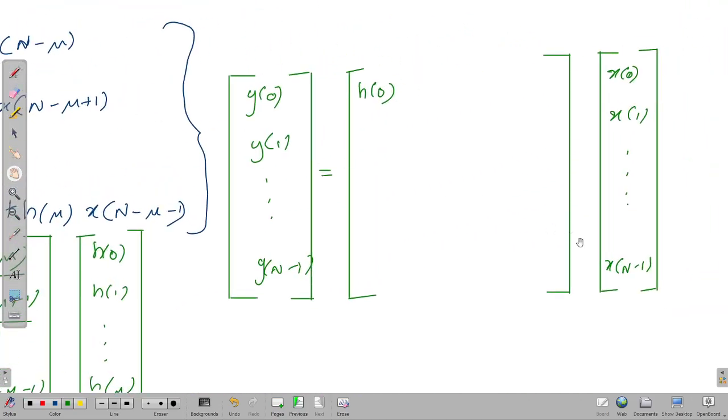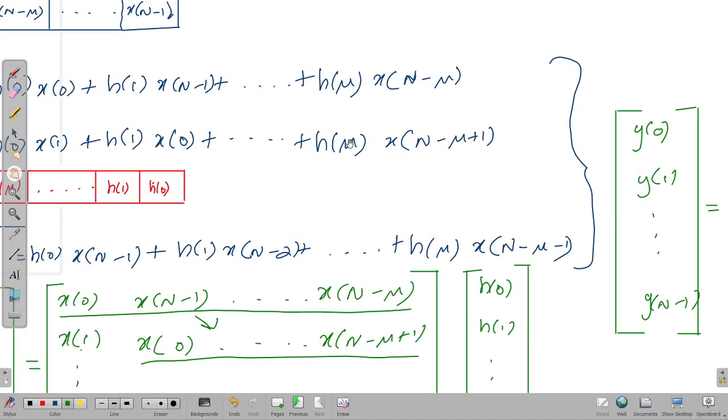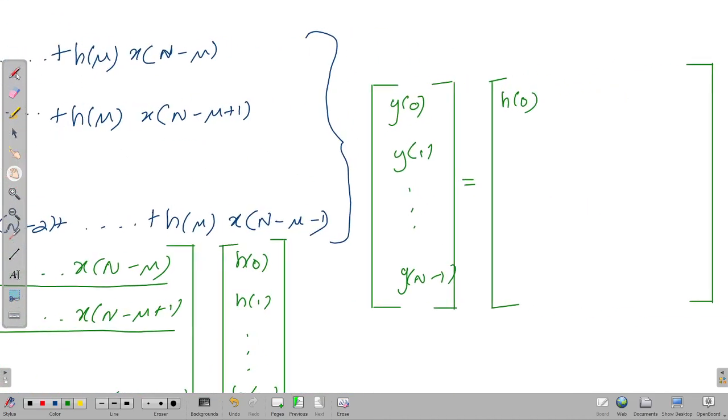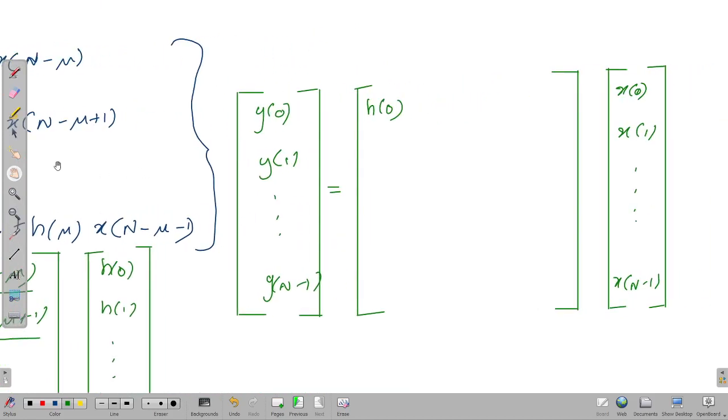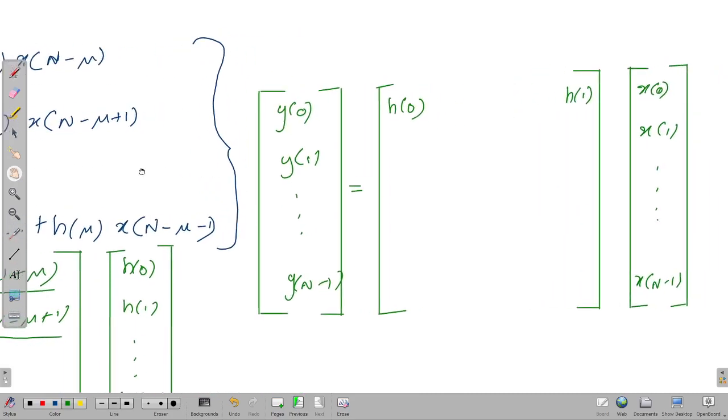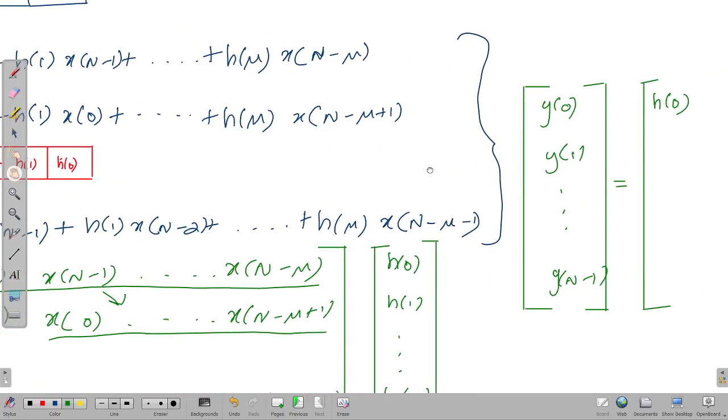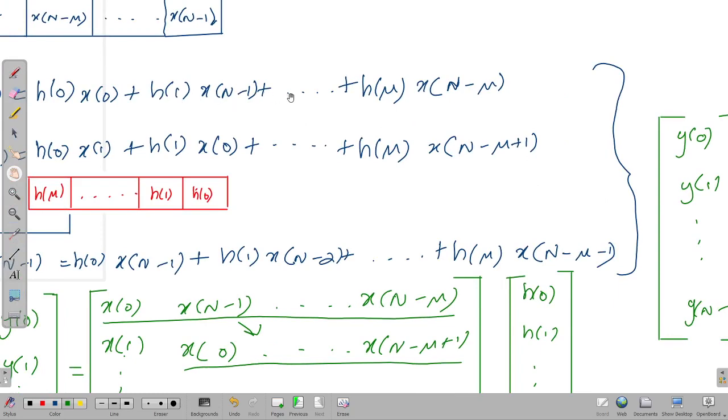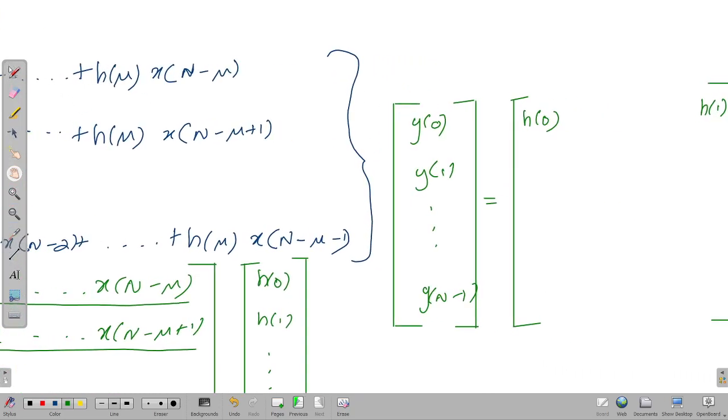So you have x of n minus 1 getting multiplied by h of 1. So you have here h of 1. And h of 2 will get multiplied by x of n minus 2. Right? So you have here h of 2, dot dot dot.